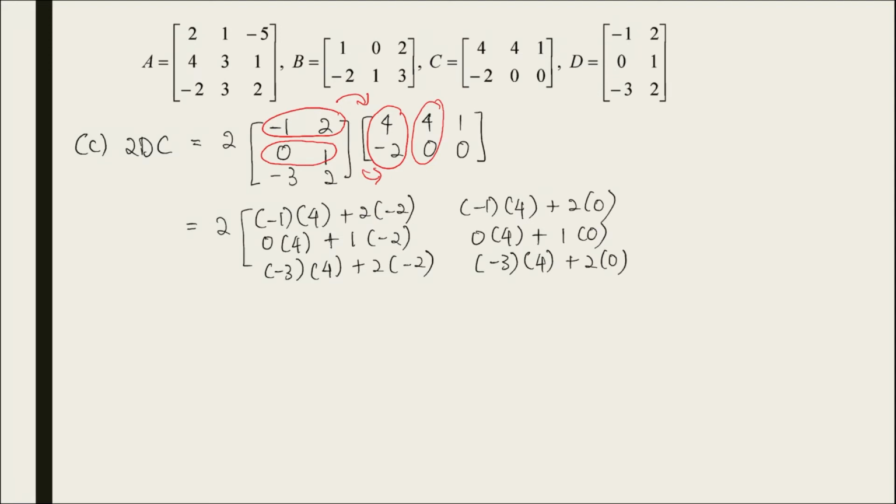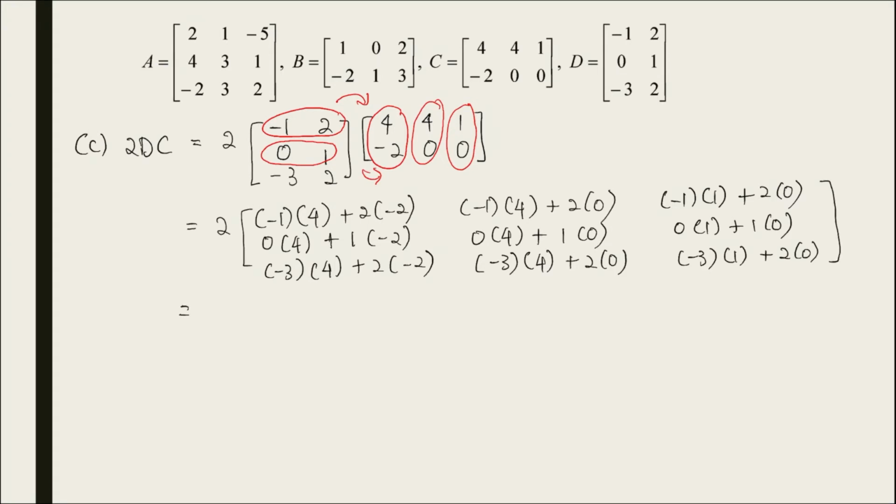And last one with the third column: negative 1 times 1 plus 2 times 0, 0 times 1 plus 1 times 0, negative 3 times 1 plus 2 times 0.